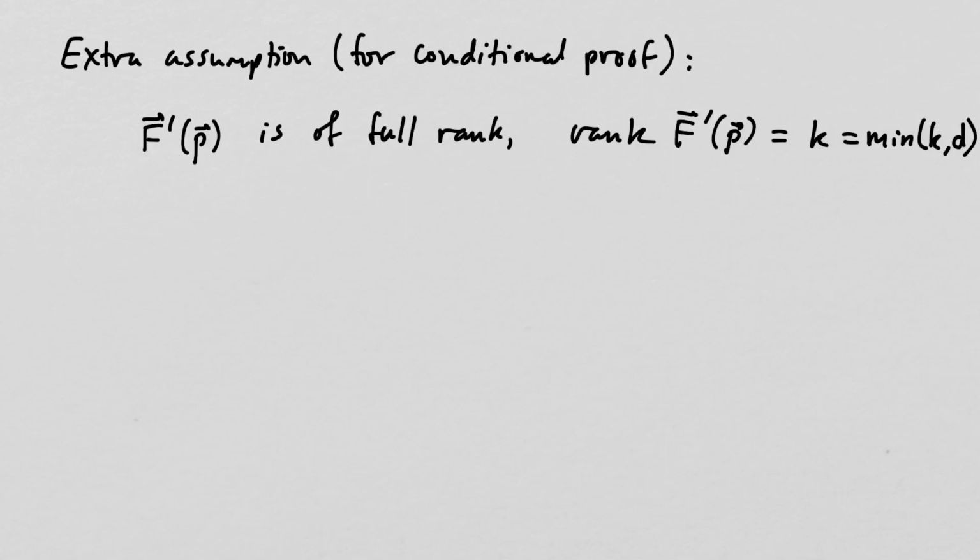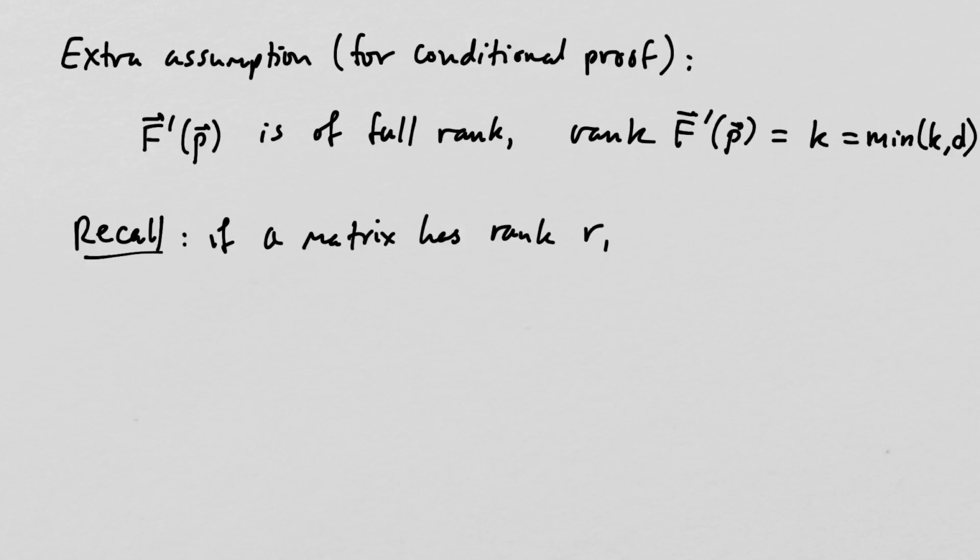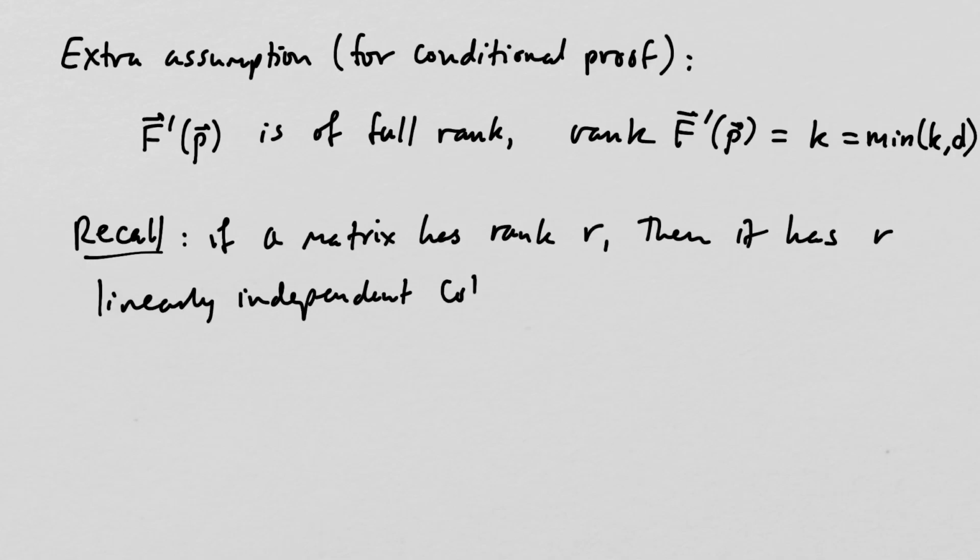All right. Well, how that's going to help us with the implicit function theorem is as follows. Before I even write that, let's just recall from an earlier point, I think it was in the fall, we proved this, that if a matrix has rank R, then it has R linearly independent columns.